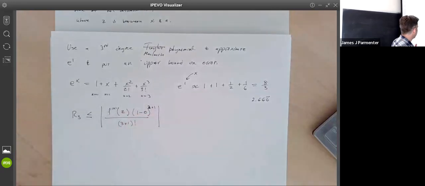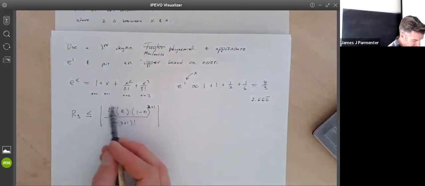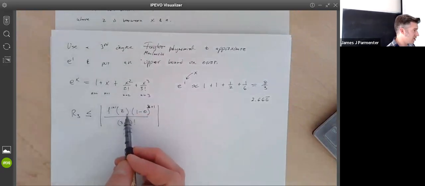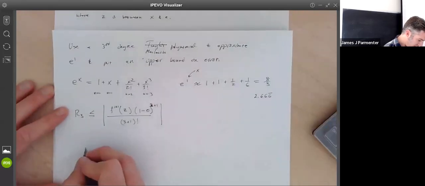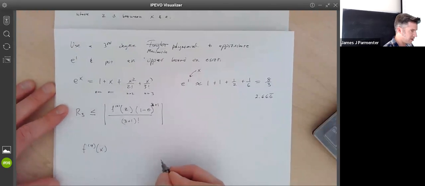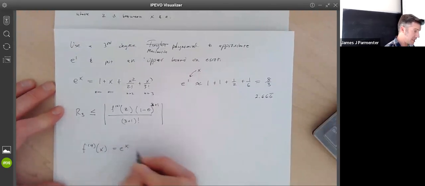I should point out, it's kind of like the next term in the Taylor series, except that it's not the nth derivative evaluated at 0 or whatever your center is. It's the nth derivative evaluated at the place that makes it as big as possible. Fortunately, our function is e to the x, so our fourth derivative is e to the x.